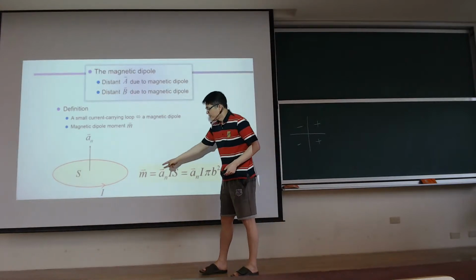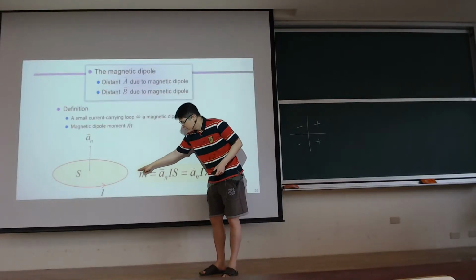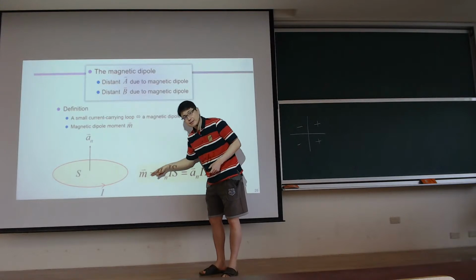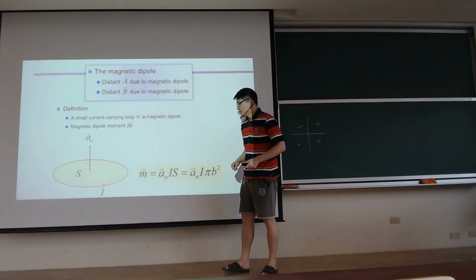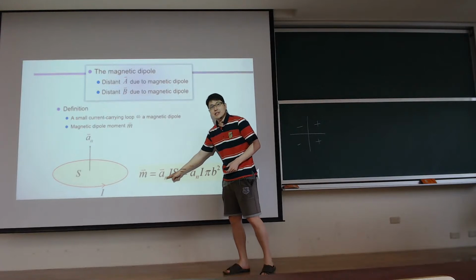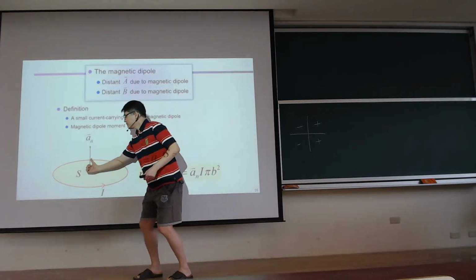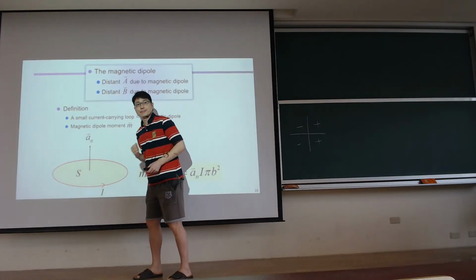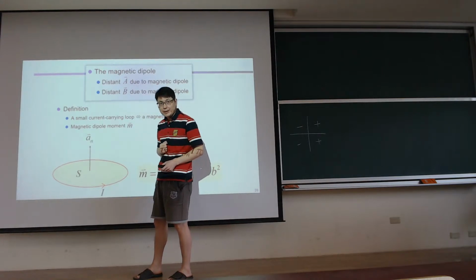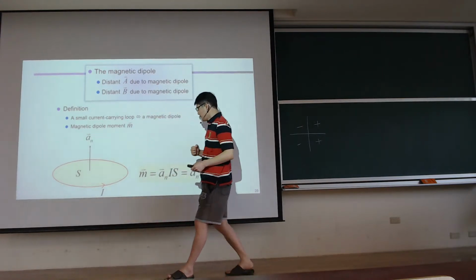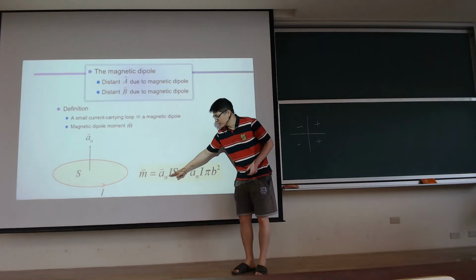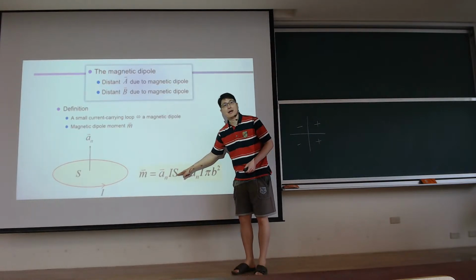So we define the magnetic dipole moment. It is a vector, okay? It is a vector. The direction is the direction of the surface normal, right? The magnitude is the current multiplied by the surface area.